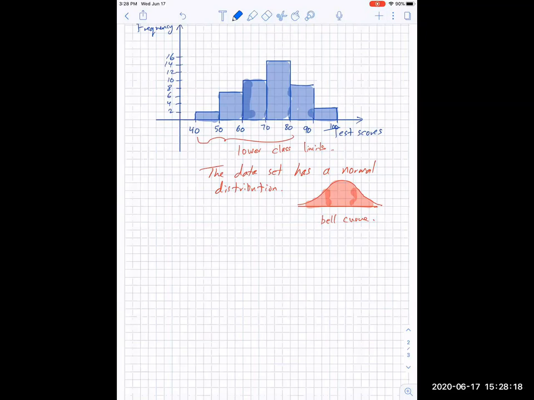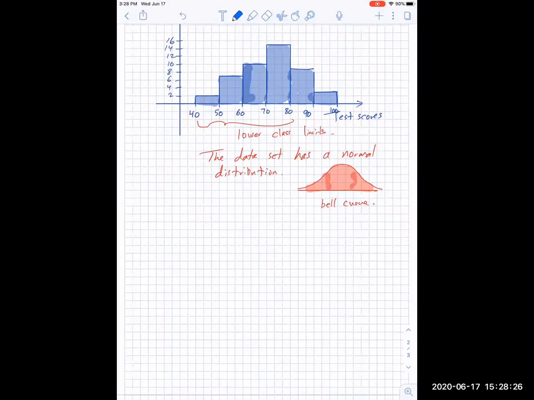Now, our histogram or our distribution is not always a normal distribution. Sometimes we have what we call skewness.